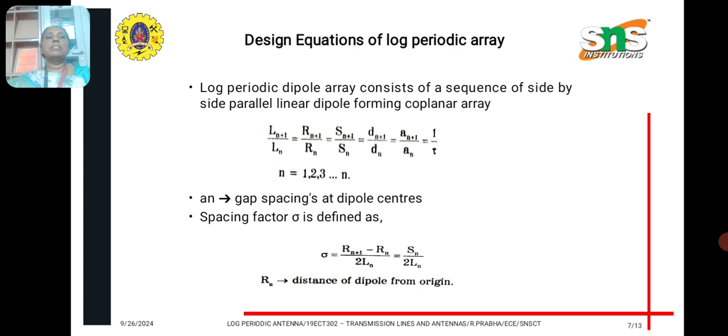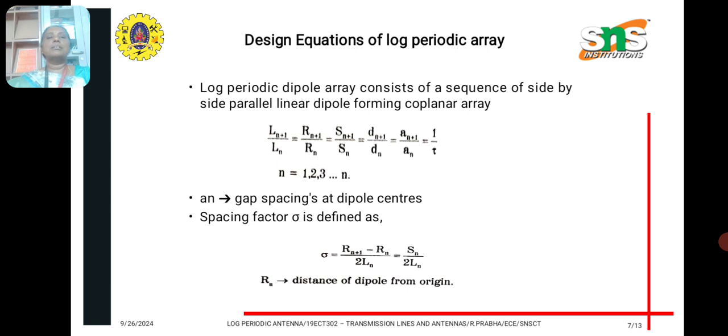By observing the design equations, the parameter ratios, the length ratio of adjacent elements L(n+1)/L(n) and R(n+1)/R(n), and spacing S(n+1)/S(n), and the distance D(n+1)/D(n) and A(n+1)/A(n) are equal to 1 by tau, where n is equal to 1, 2, 3 up to N. Here An is the gap spacing at dipole centers.